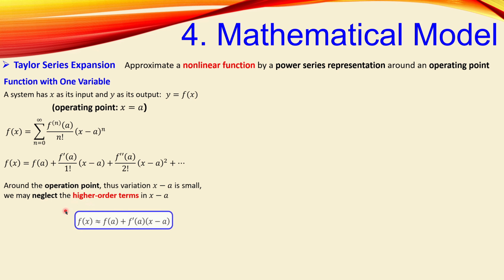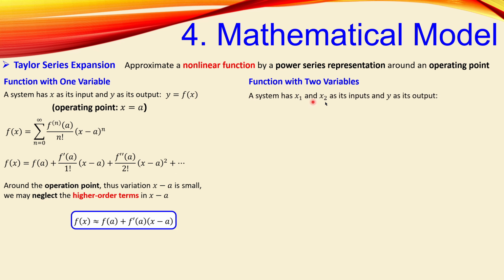The first order approximation of that is this one, the 0th order term, plus the 1st order derivative times x minus a. And this is now the approximation of this function using Taylor series expansion, and this is called the 1st order Taylor series approximation.